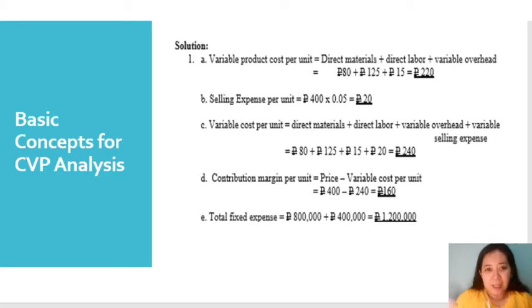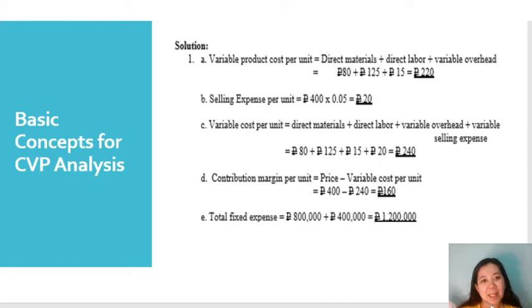Here in letter D, you are required to determine the contribution margin per unit, or CM per unit. Our formula to determine the contribution margin is to deduct from the price your variable cost, meaning selling price minus all the variable cost per unit. So the answer will be 160.